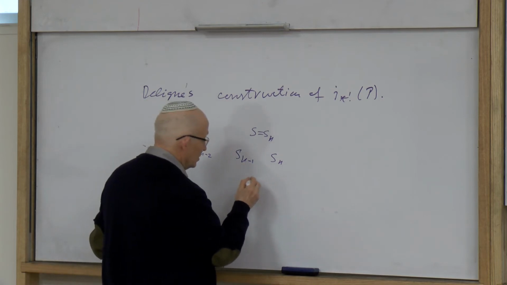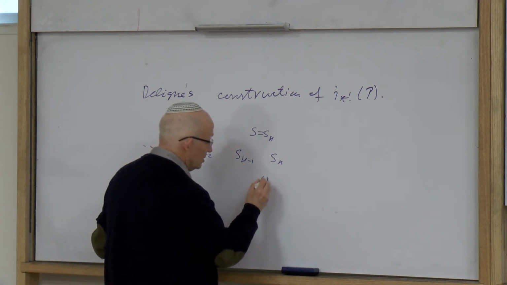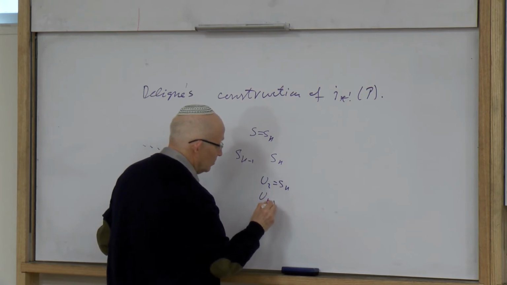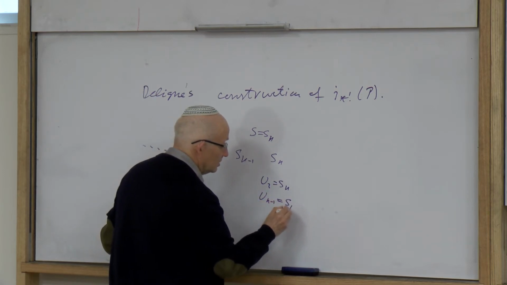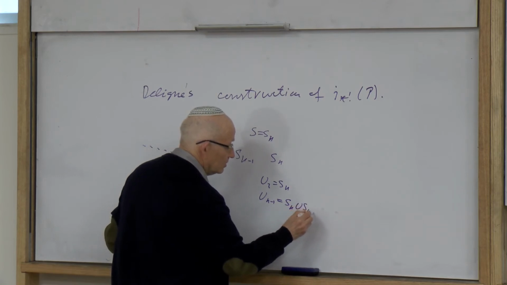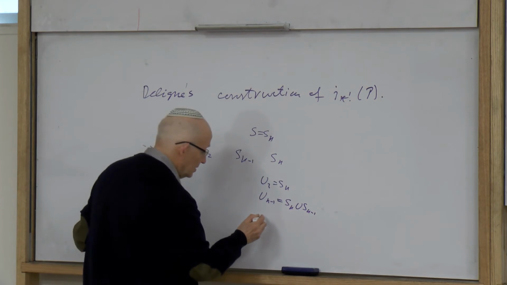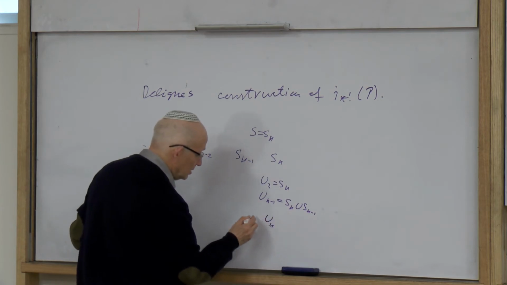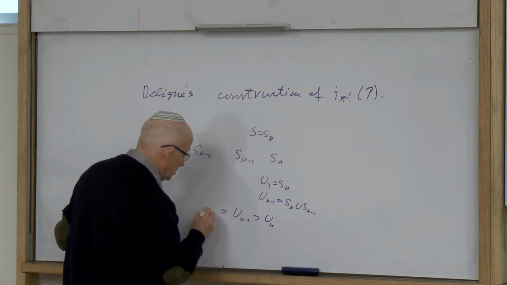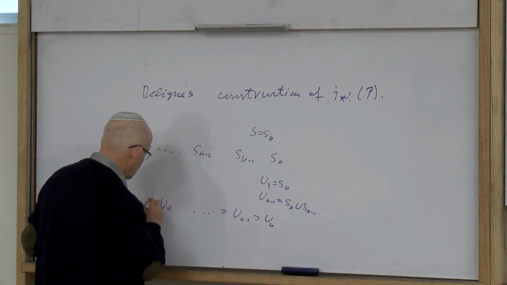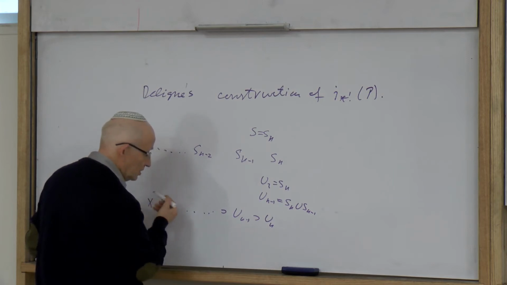And then I can consider the following open sets. U_n is equal to S_n, U_{n-1} is equal to S_n union S_{n-1}, and so on. This is a sequence of open sets, U_n contained in U_{n-1}, and so on up to U_0, which is equal to X, or S bar.